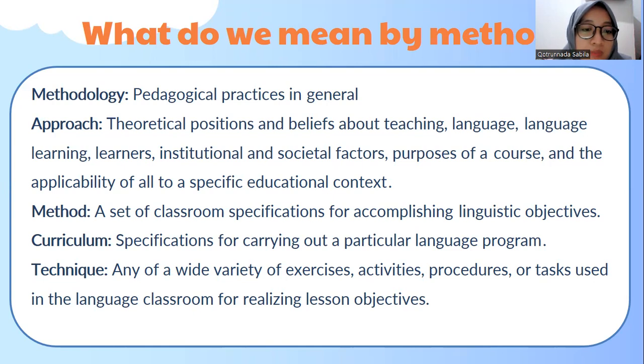Features include the primary concern with linguistic and subject matter objectives, sequencing, and material to meet the needs of a designated group of learners in a defined context. And then we have a technique. This is any of a wide variety of exercises, activities, procedures, or tasks used in the language classroom for realizing lesson objectives.